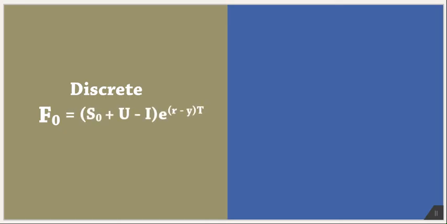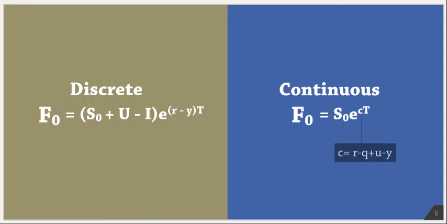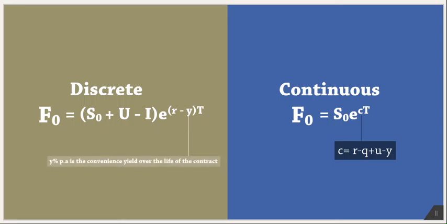Hence, discrete: current forward price is equal to current asset price plus U minus I, into e raised to the power (r minus y) into t. Continuous: current forward price is equal to current asset price into e raised to the power ct, where c is equal to r minus q plus u minus y, where y% per annum is the convenience yield over the life of the contract.